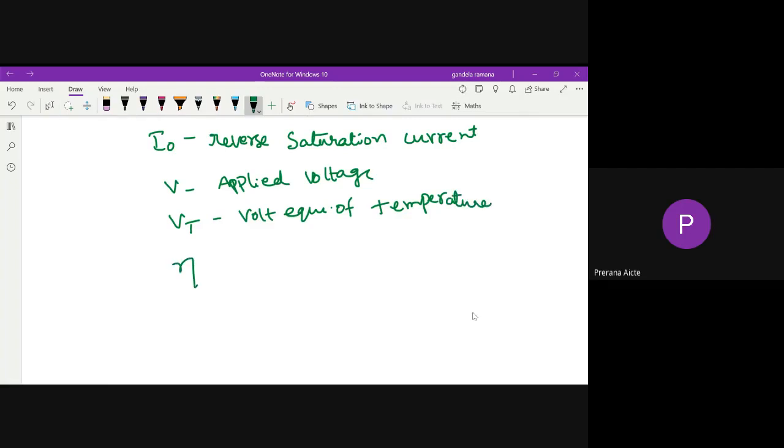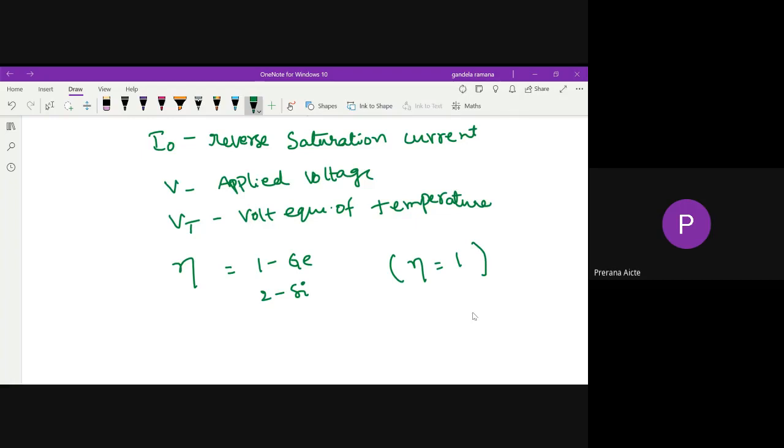What is eta? Eta is equal to 1 for germanium and 2 for silicon. If no value is given, you have to consider eta equal to 1, because we use ICs, and in those eta is equal to 1.